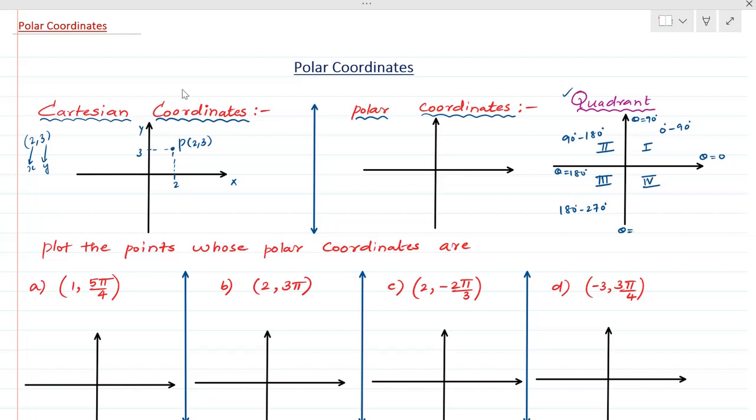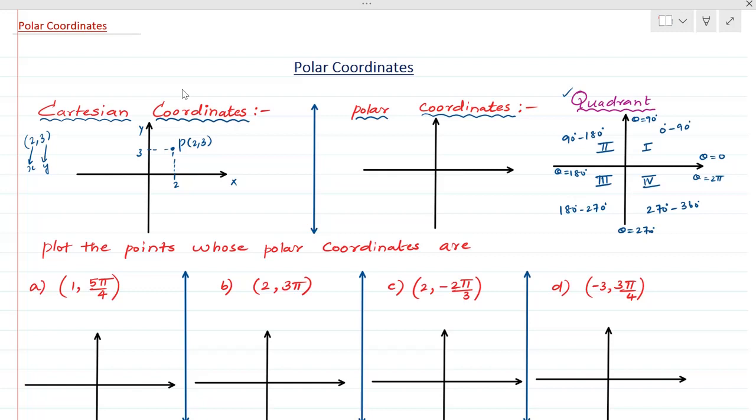And the last, the fourth quadrant, ranges from 270 to 360, completing one rotation of 2 pi. So this is the quadrant range.